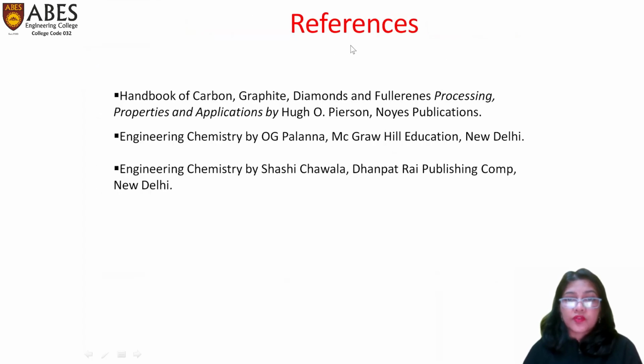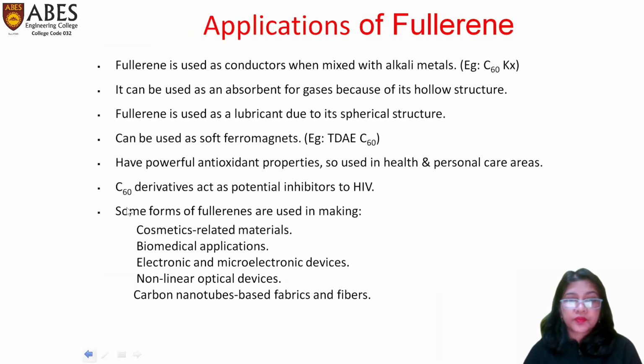Uses and applications of fullerene. As fullerene forms a conductor when mixed with alkali metals, it can be used as a conductor. Since fullerene has a hollow cage-like structure, it can be used for absorbing gases. Fullerene has a spherical structure, and it can be used as a lubricant.